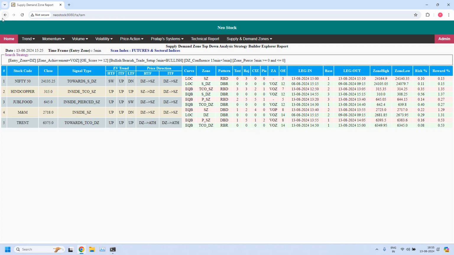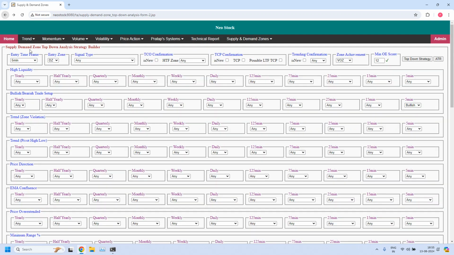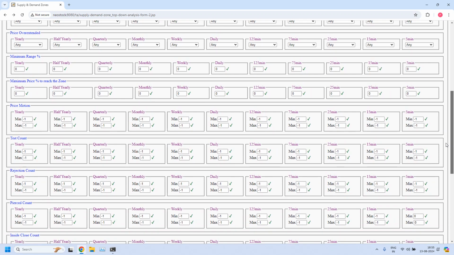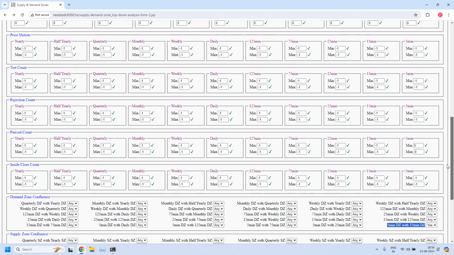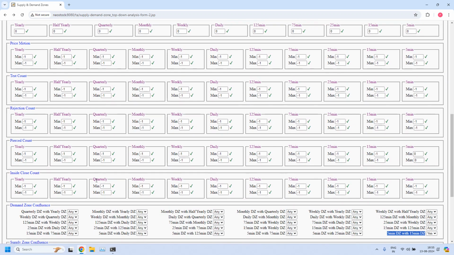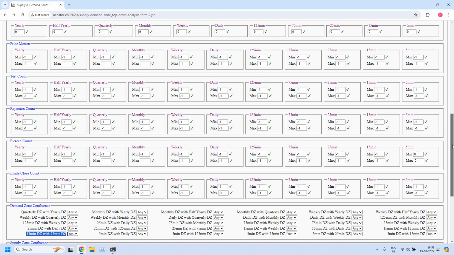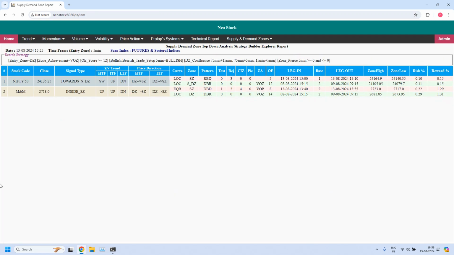Okay, the next, we will verify even HTF confluence. So 5 minutes demand zone with 75 minutes confluence, HTF confluence, and then 15 minutes and 75 minutes confluence, that is ITF, HTF confluence. All the 3 are enabled. Let's filter.